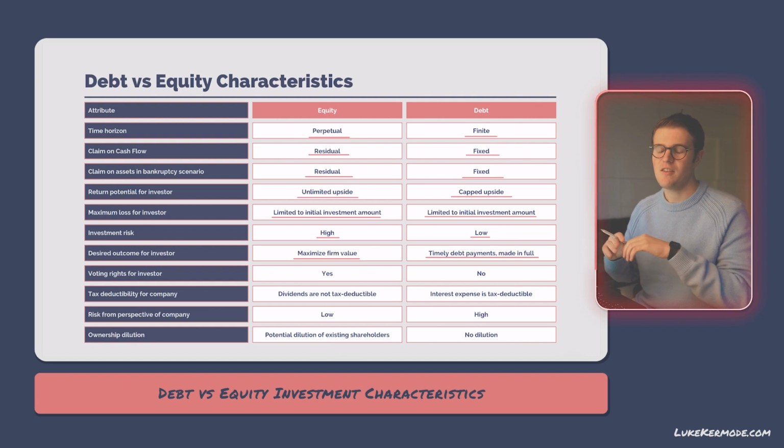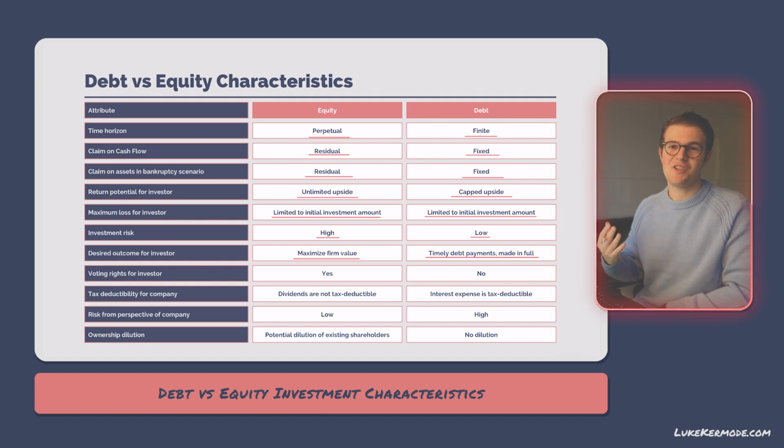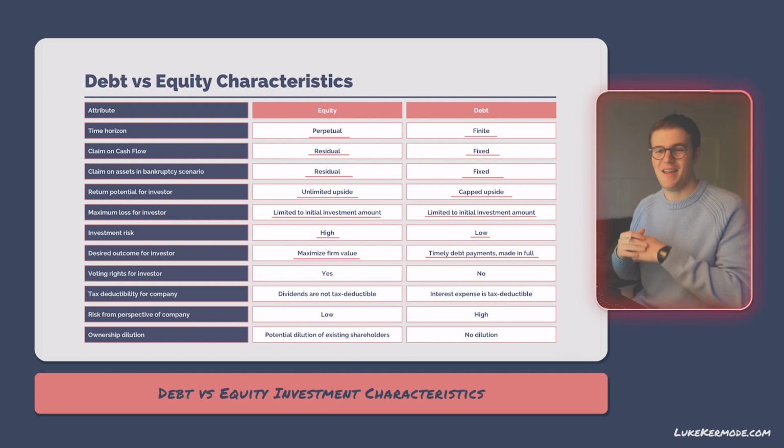So they have no access to the profits that are generated if the company increases in value and takes on more risk. They've got no access to that upside. So what they want is for the company managers to take actions which will prioritize and maximize their ability to make timely debt payments.